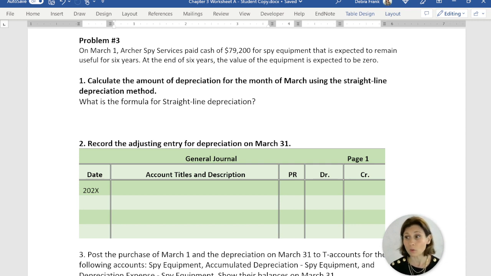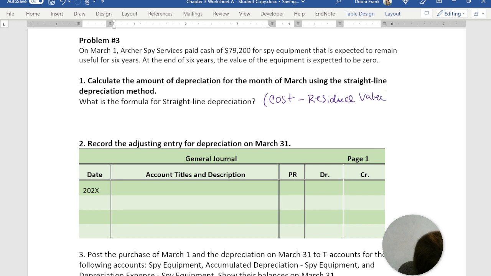So what is the formula for a straight line depreciation? I'm going to write this out in pen, and so that way you have it. So the formula will be cost, so our actual cost of the equipment minus, and I already called that residual value, that zero value in our case, but sometimes it could have an actual amount. So we want to include that in our equation.